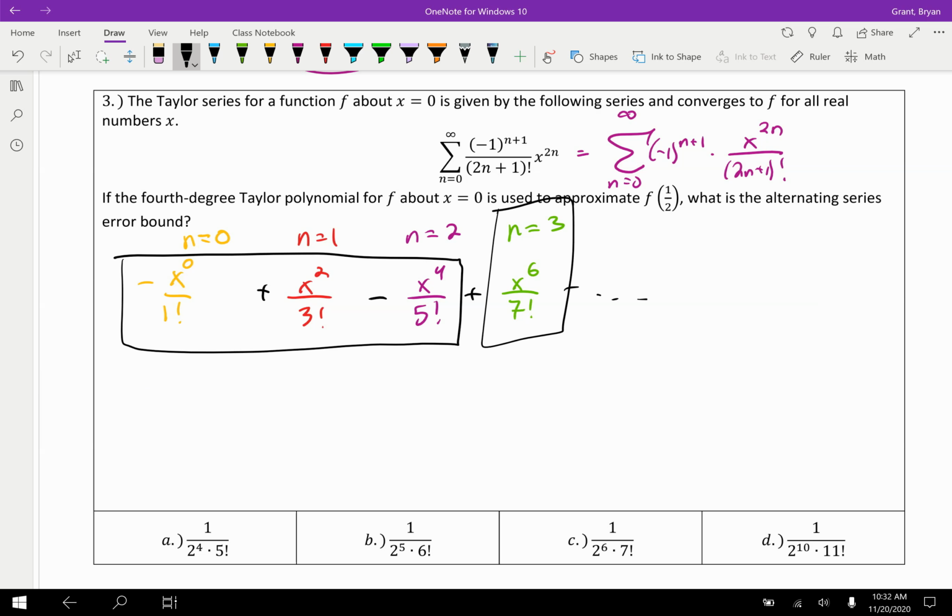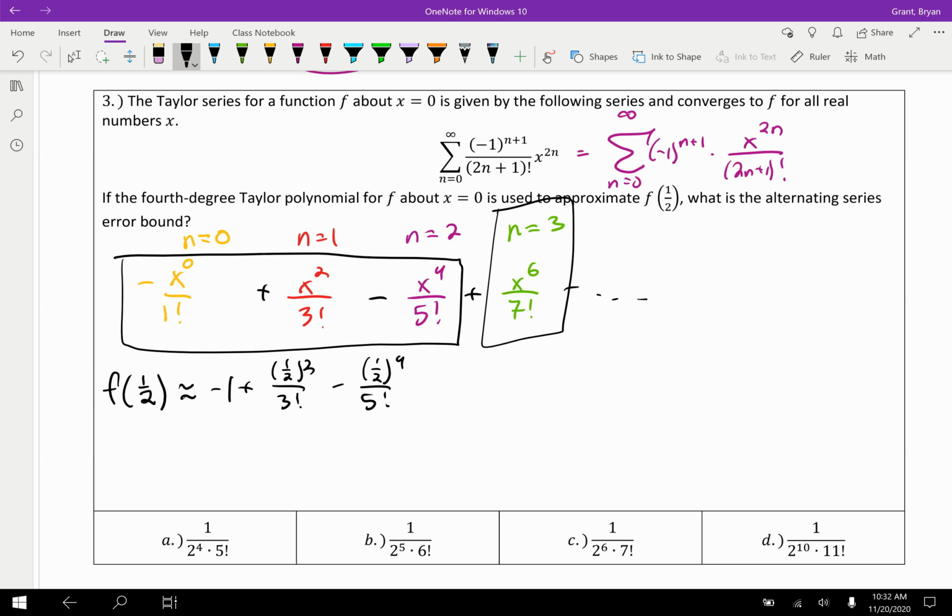And this is an alternating series. They asked us to use the alternating series error bound. The way the alternating series error bound works is it says, cool, you approximated f of 1/2 by replacing all the x's in this third degree polynomial with 1/2.